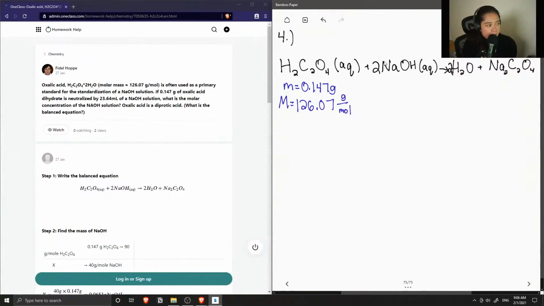And we know the volume of the sodium hydroxide solution. I'll use a different color. So this is oxalic acid.